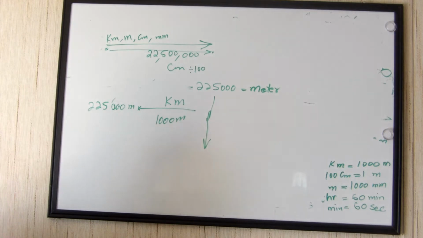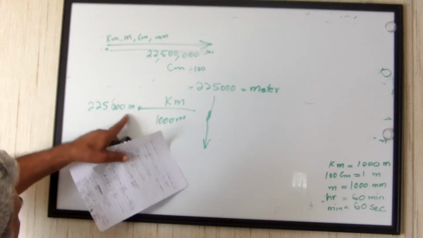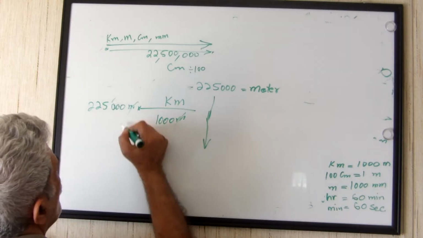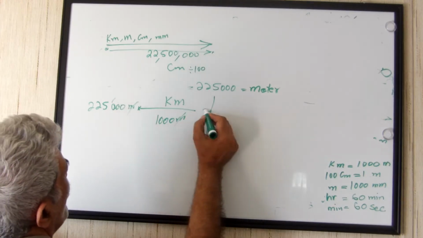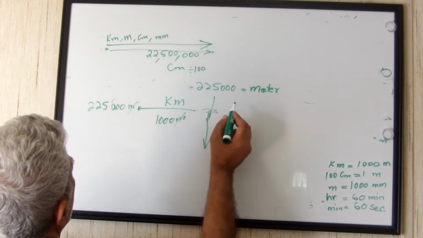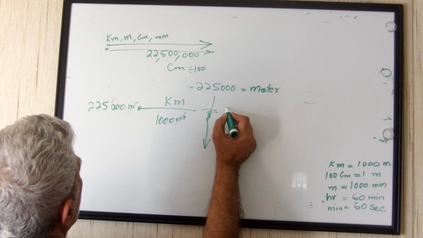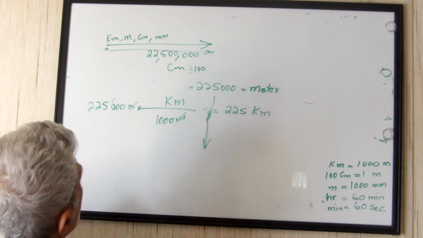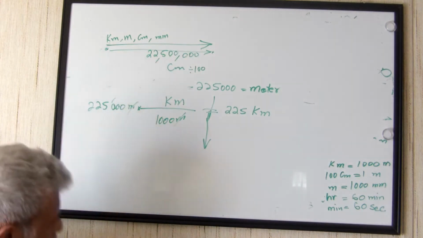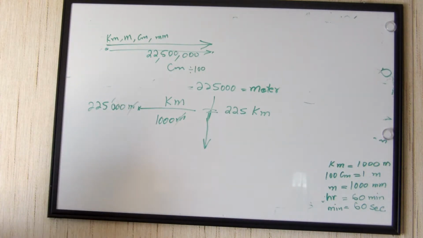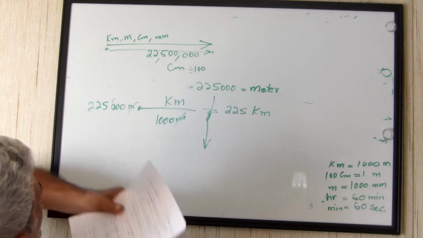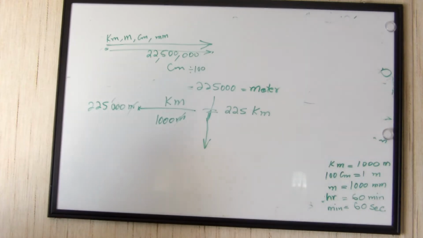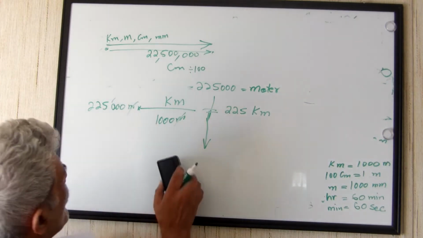You write the units, the one down so it cancels out. So 225,000 divided by 1,000 is going to be 225 kilometers. We say the distance between these two cities is 225 kilometers. We don't say 22,500,000 centimeter.